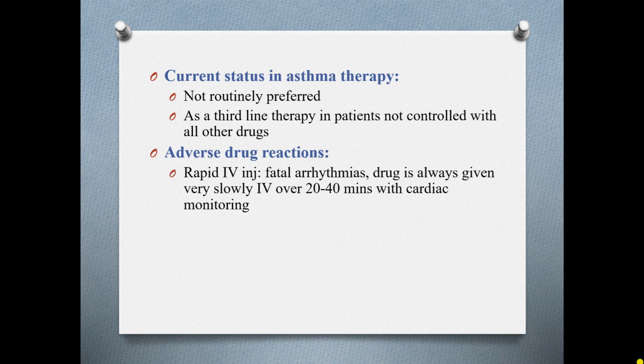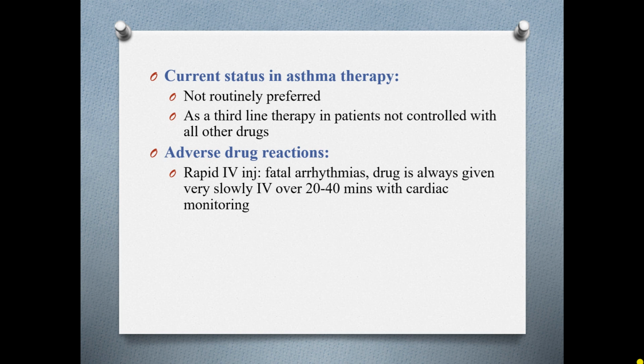When injected as a rapid IV injection, xanthine produces fatal cardiac arrhythmia. Even before you complete the administration of a single syringe or 5 to 10 ml of drug, the patient goes into ventricular tachycardia or other arrhythmia and death is possible.